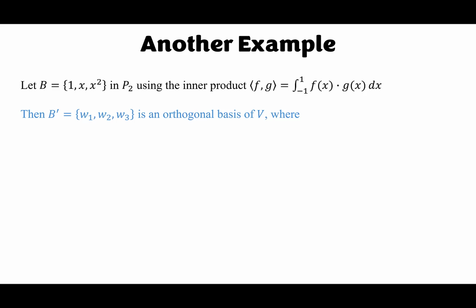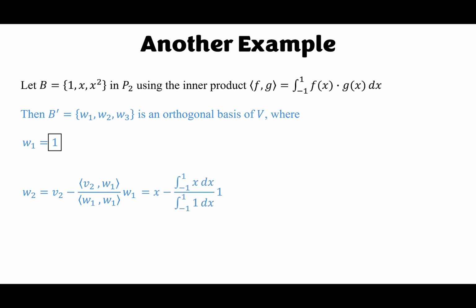It'll be an orthogonal basis of V, where, remember, the first step is let W1 be V1. In this case, V1 is just the function 1. So we're just going to let W1 be the constant function 1. W2, given by the Gram-Schmidt process, is V2 minus the ratio of inner products times W1. Right?